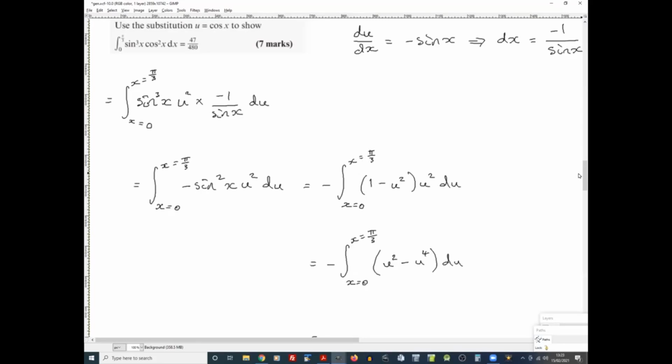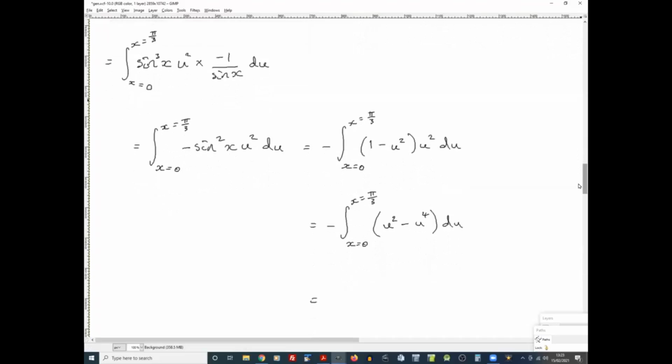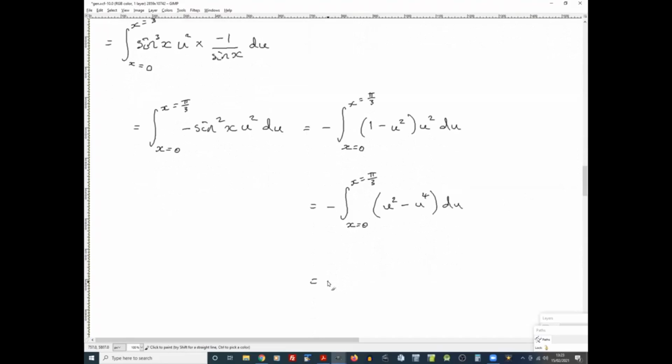So 0.5. Yes, it's that simple. Just think about the equilateral there, and you're halfway across it. So the cos value of that upper limit is a half, and that's your u value then.